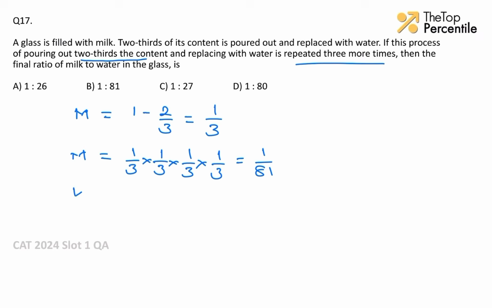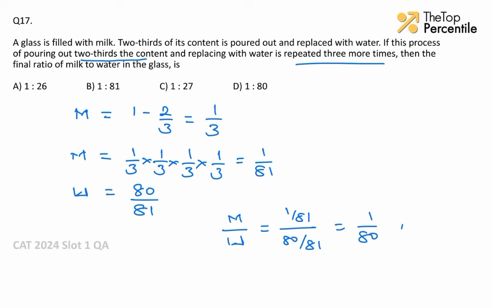So water will be 80 parts out of 81 parts. Now what is asked? I want to find the ratio of milk to water in the glass. So milk to water will be 1 by 81 divided by 80 by 81, which will give me 1 by 80. So this is my answer, which is option D.